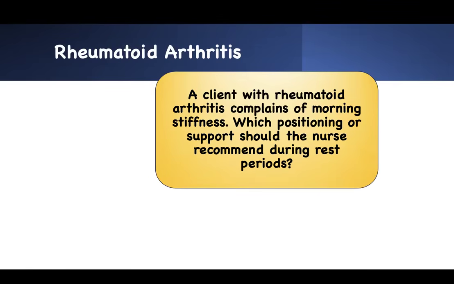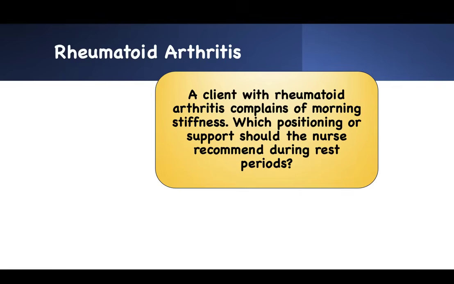Rheumatoid arthritis, they're going to complain about stiffness. A client with rheumatoid arthritis complains of morning stiffness. Which positioning or support should the nurse recommend during rest periods? What do you think? To prevent stiffness in this patient, we tell them to make sure the joint is mobile as much as possible. So when you're sleeping, keep the joint in the neutral position.